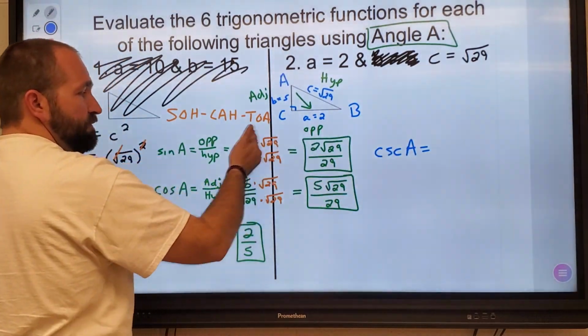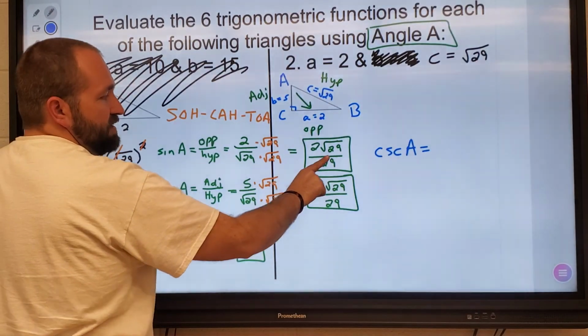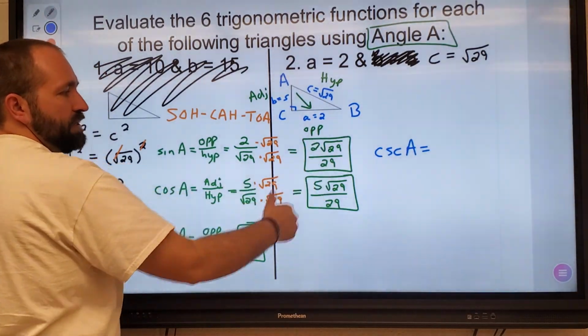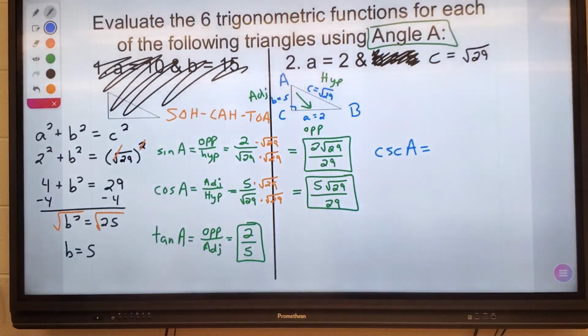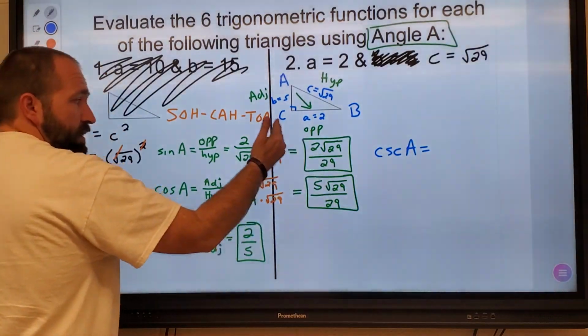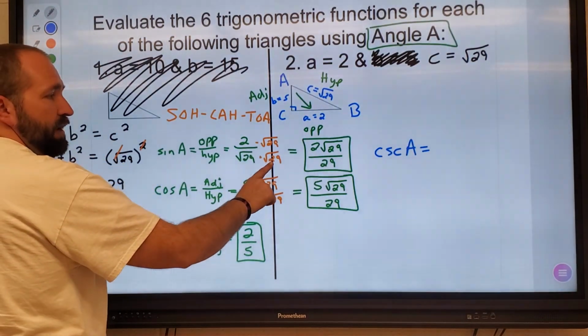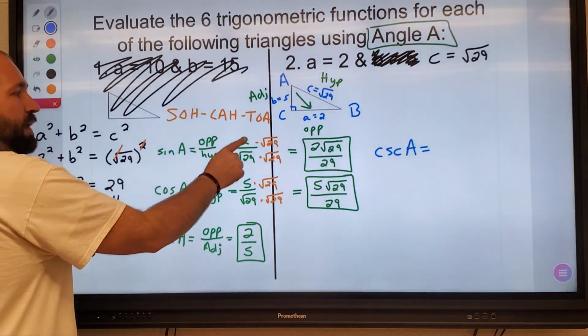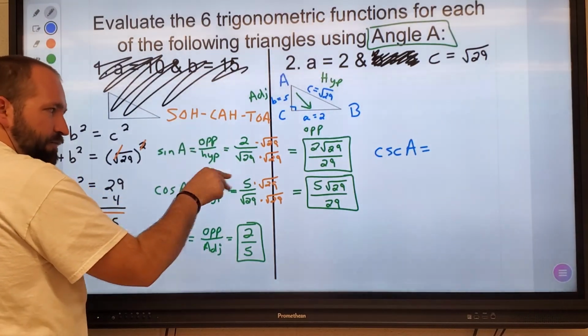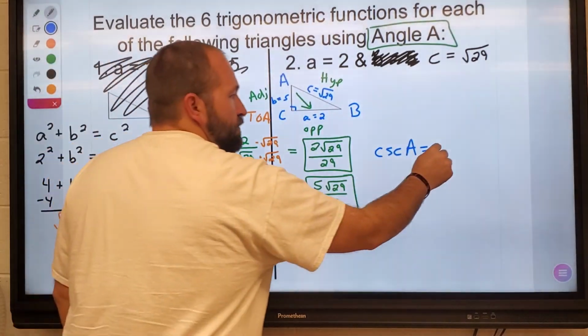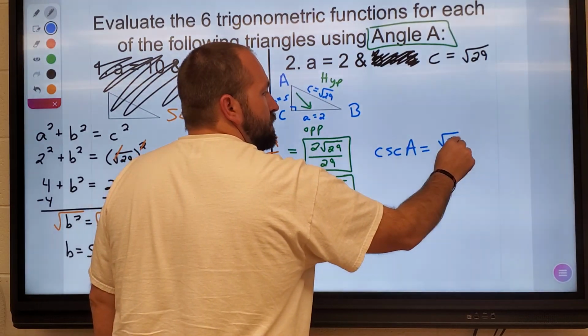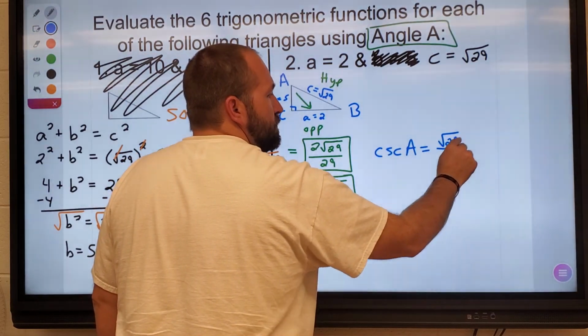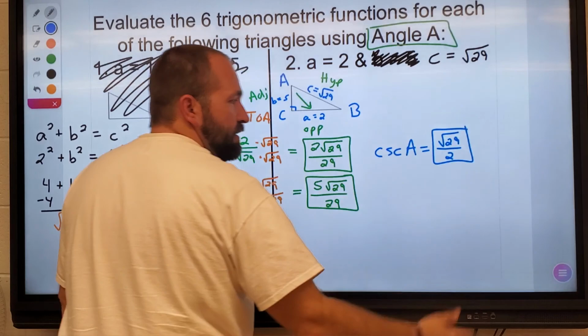Cosecant was the reciprocal of this. So if I take this and I flip it, again, I'm going to put that square root in the denominator, which would be a problem. So I'm going to continue to backtrack. If I go to here, this was just to simplify. However, if I go back to this next one here, take this and I flip this, I get the square root of 29 over 2, and I'm done.